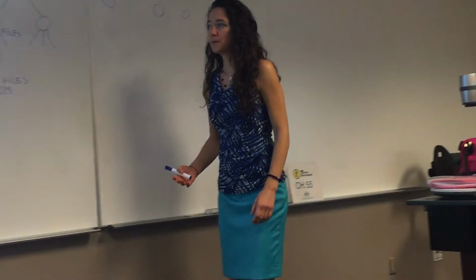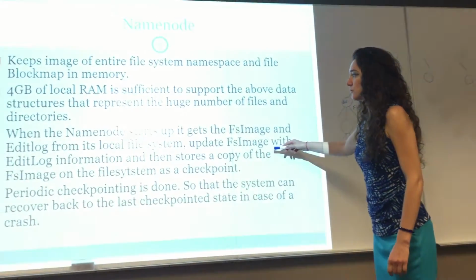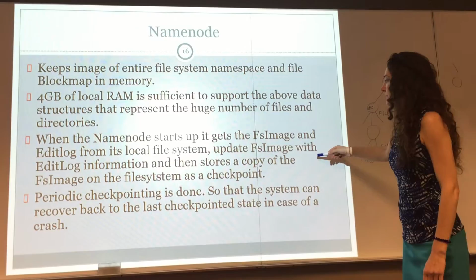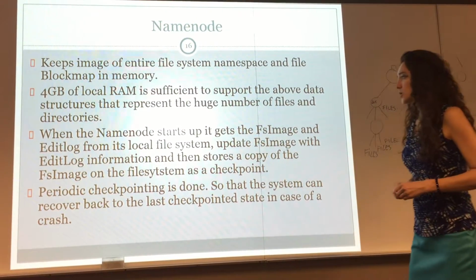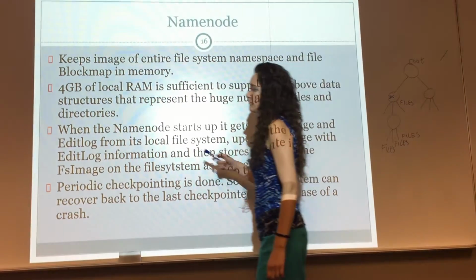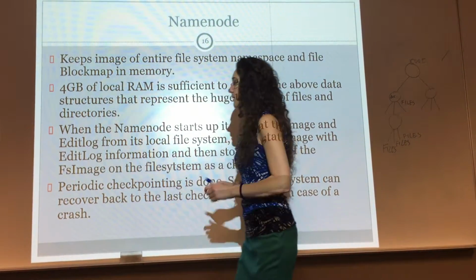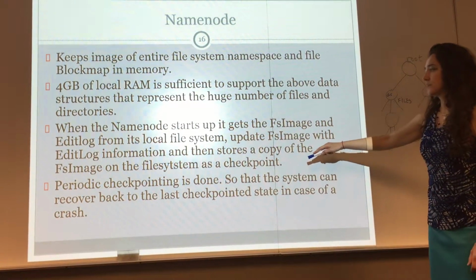So when the master node is started up, it gets this file system image and logs from its local file system and updates them with the new information from the log of any changes, and stores a copy of the file system image at its local disk.